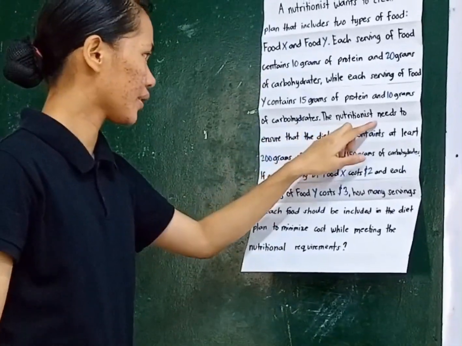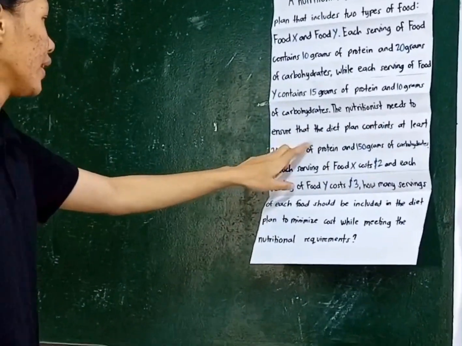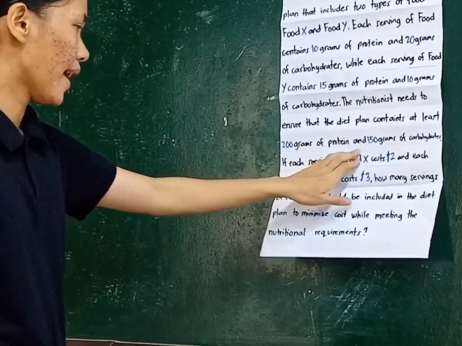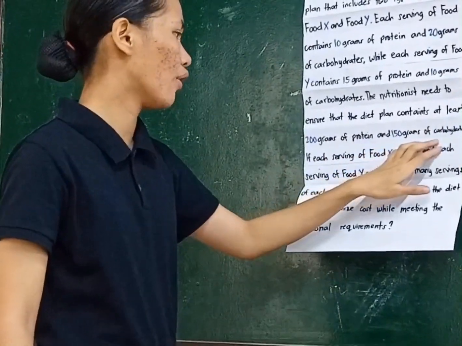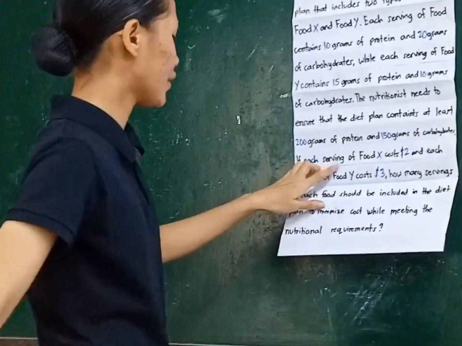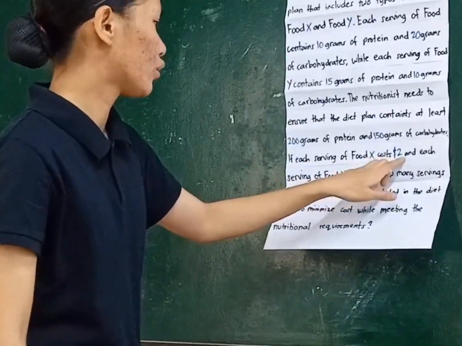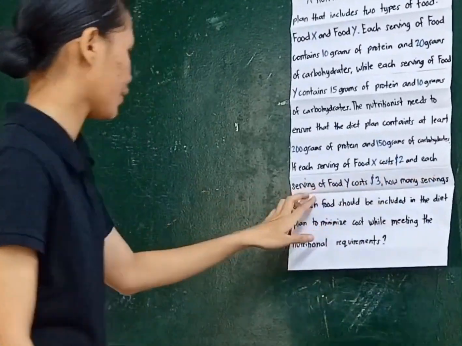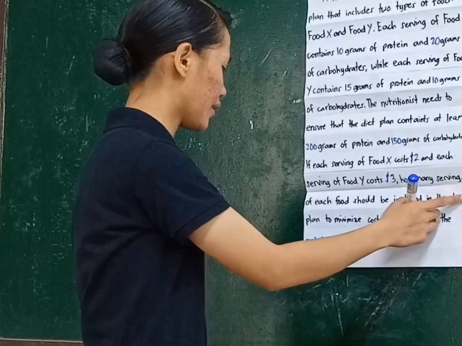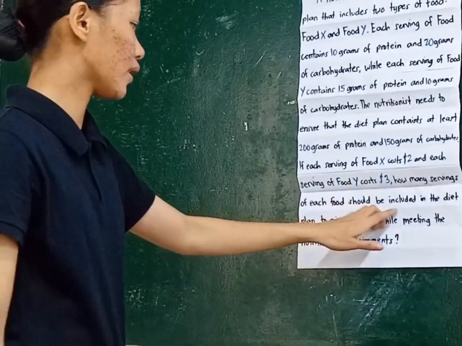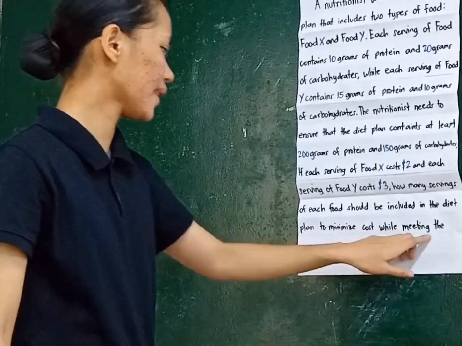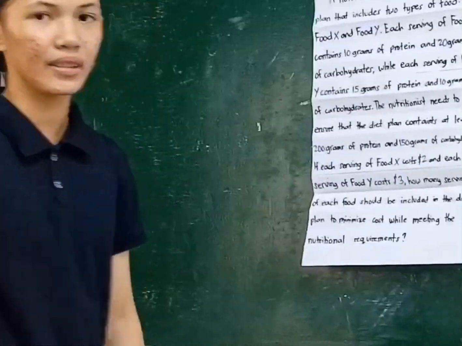The nutritionist needs to ensure that the diet plan contains at least 200 grams of protein and 150 grams of carbohydrates. If each serving of food X costs $2 and each serving of food Y costs $3, how many servings of each food should be included in the diet plan to minimize costs while meeting the nutritional requirements?